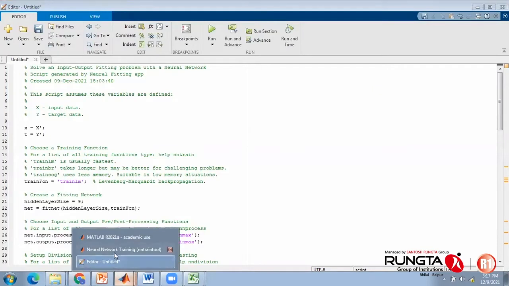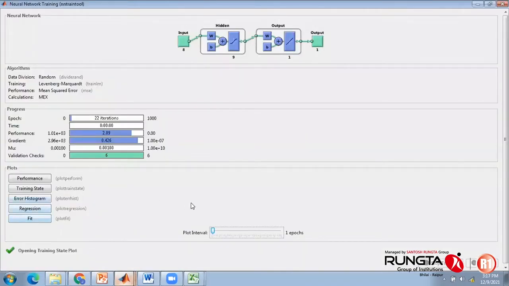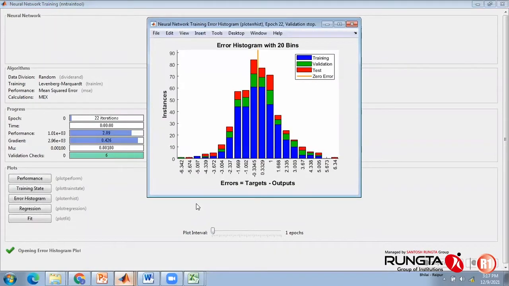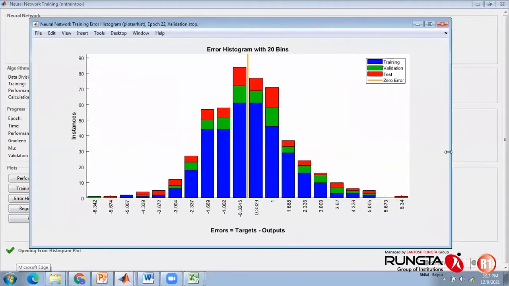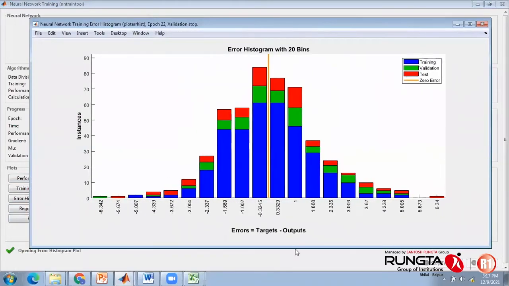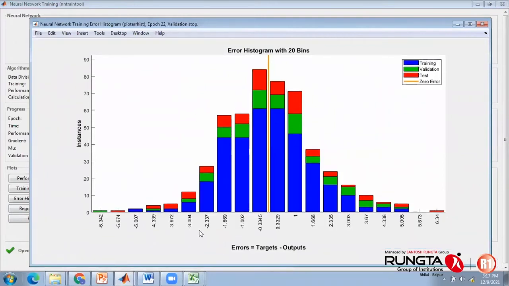Next important thing is the error histogram. This is an extremely important indication. Please try to understand this in a proper way. For effective mathematical modeling, if you'd like to check the effectiveness of a mathematical model, your errors or residuals should be normally distributed.